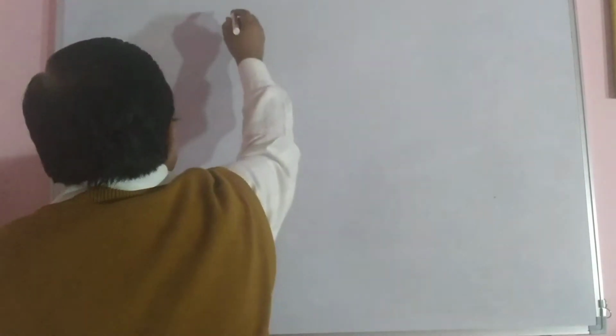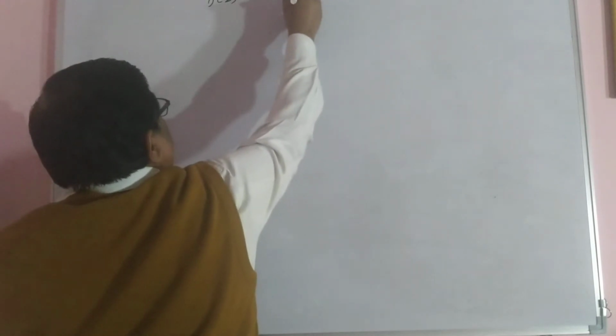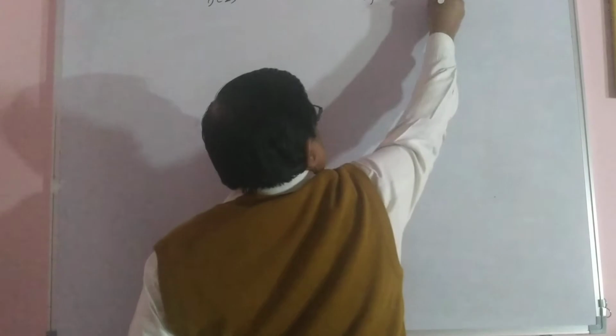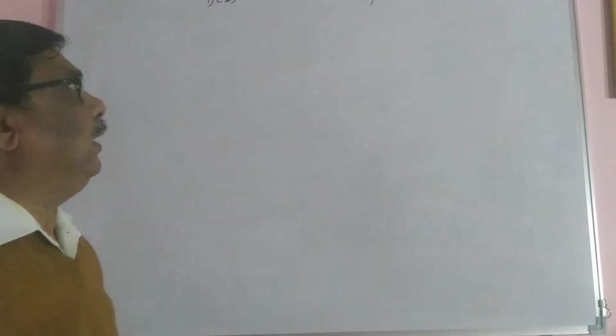So in f of z equals u plus iv, if u is constant, then the total function is constant. I would like to prove it.